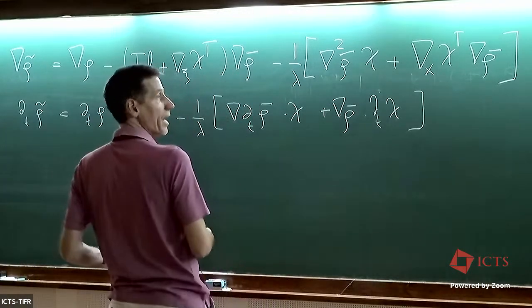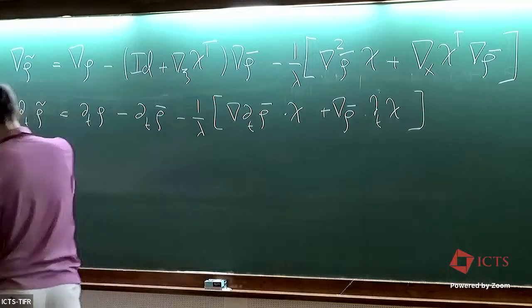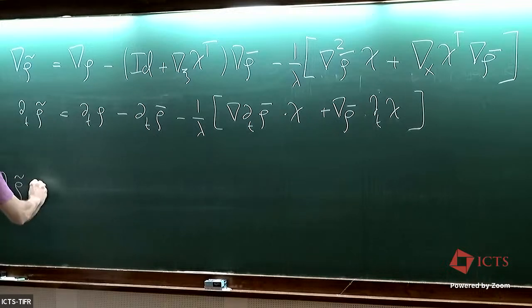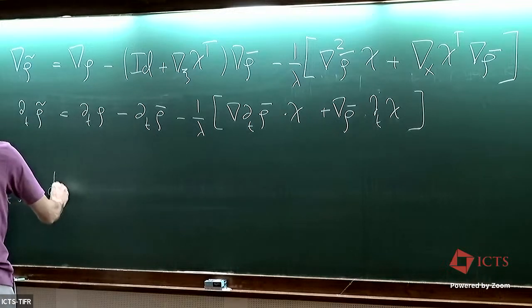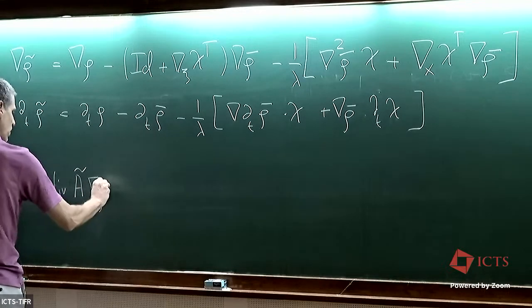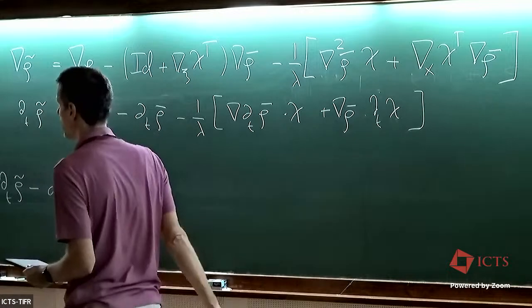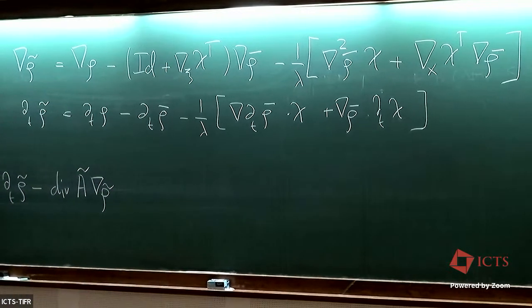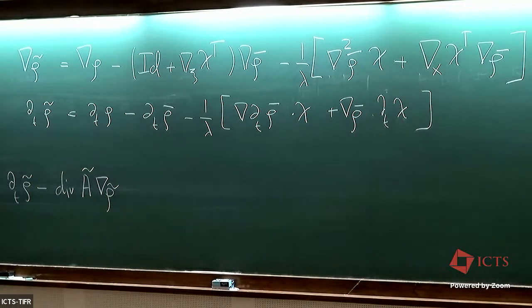Okay, and now I can write down the equation for the rho tilde. The rho tilde will be a solution of the parabolic equation. So there's this part. Sorry. Let's call this term here, this matrix, A tilde.